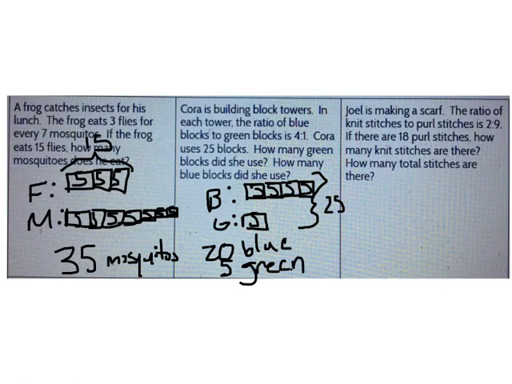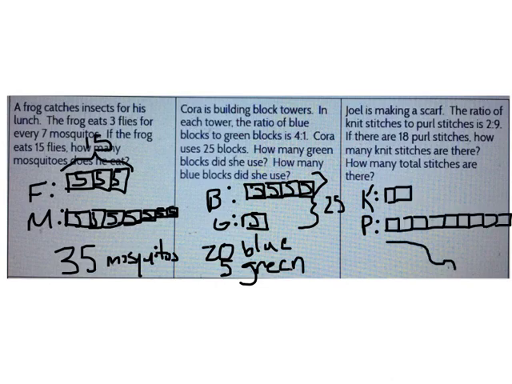Let's do another together. Joel is making a scarf. The ratio of knit stitches to purl stitches is 2 to 9. If there are 18 purl stitches, how many knit stitches are there, and how many total stitches are there? Go ahead and draw a tape diagram for this situation now. I know that 18 is the number of purl stitches.